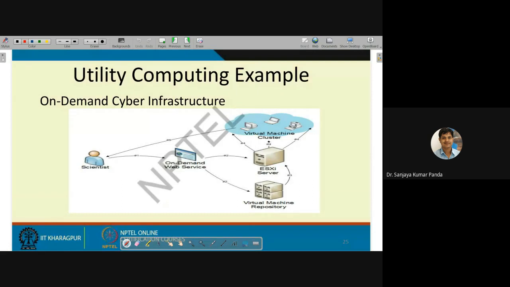Now you can see here an example of utility computing. Here there is a user, right? Let it be a scientist or a user or any person. He is making a particular request, okay, for a web service. We call that an on-demand web service. So he initiates a request saying that these are the requirements for this particular web service.